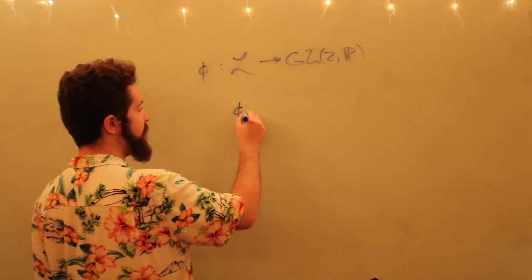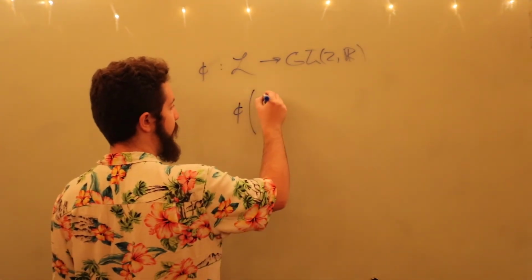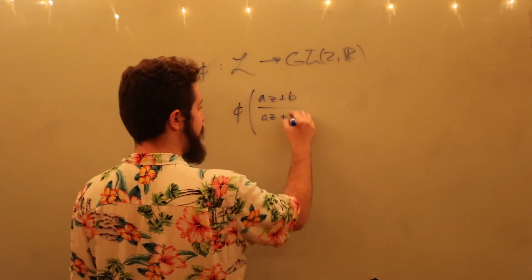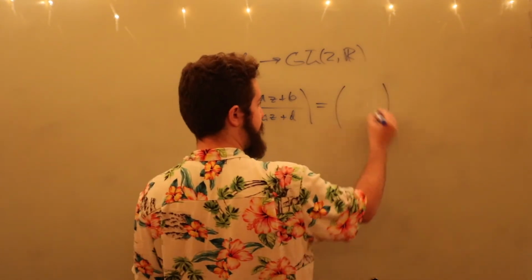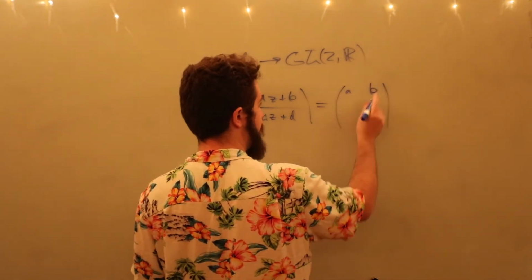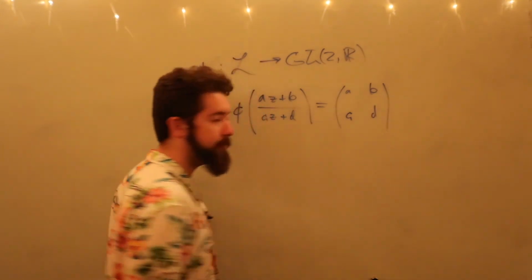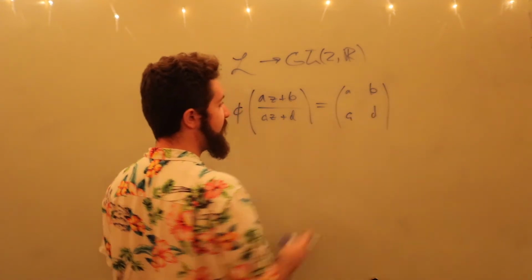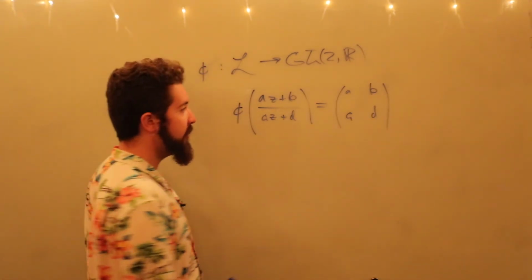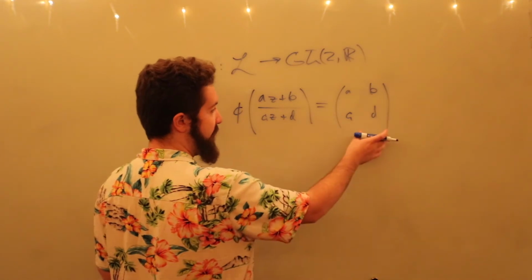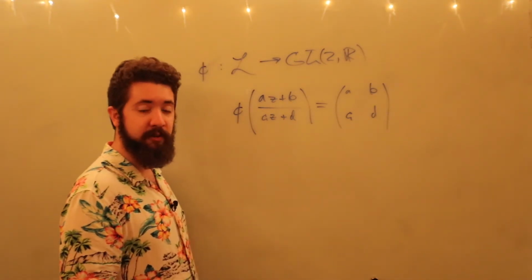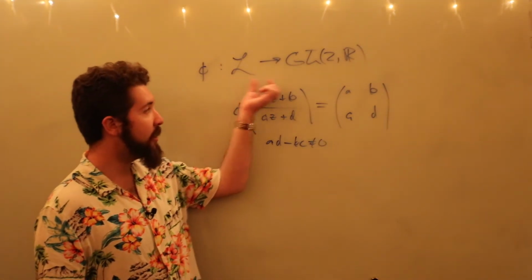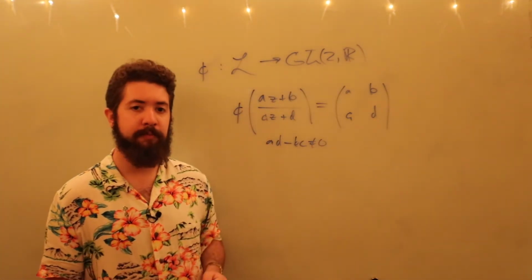Alright, and we're going to define our function by phi of (az plus b) all over (cz plus d) is equal to the matrix with rows A, B and C, D. And before, we imposed the restriction that AD minus BC is not 0. Thus, this is a member of the general linear group. So for every element in here, there is an output in here. So it is a mapping.